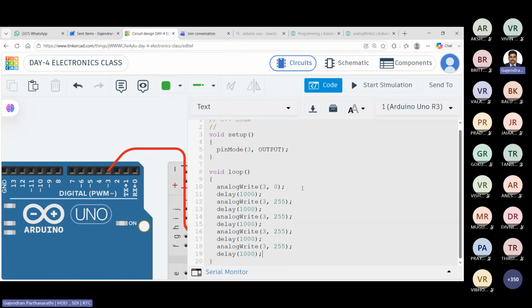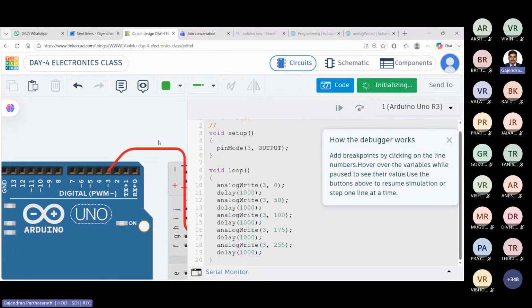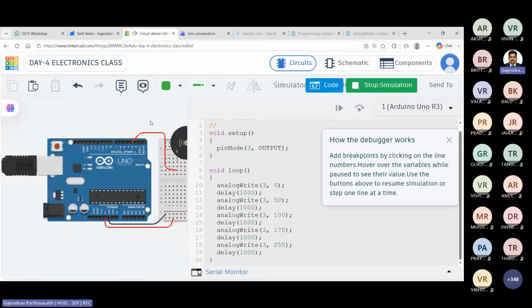Initially I'm going to give 0, then 50, then 100, then 175, then 250. Please try this kind of output. Are you getting the variable decibel values for the different numbers? Please check.